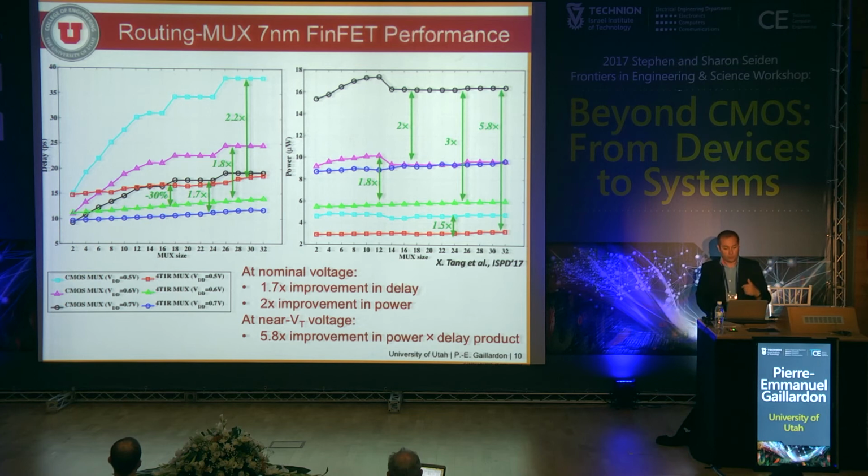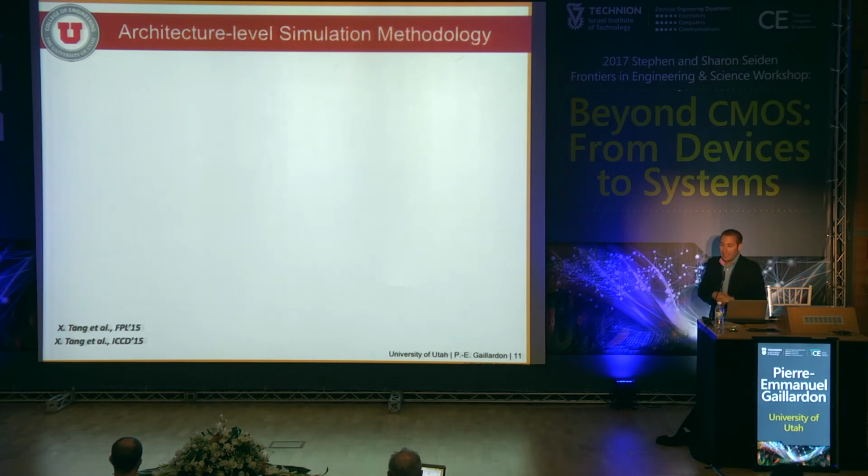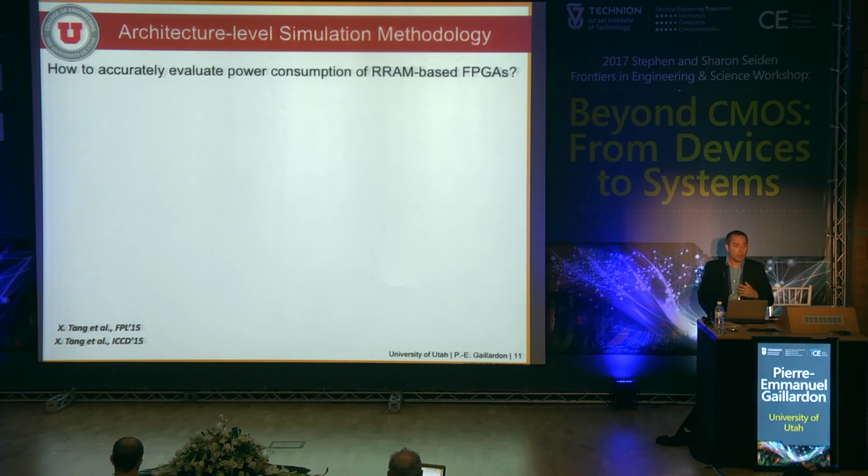We wanted to push that further and see what we were getting at the architecture level. But to do that, we had to build a very custom tool to study that. In the FPGA world, there are architecture exploration tools like VPR, where we can study different trade-offs for your architecture. But these tools are really made for CMOS.